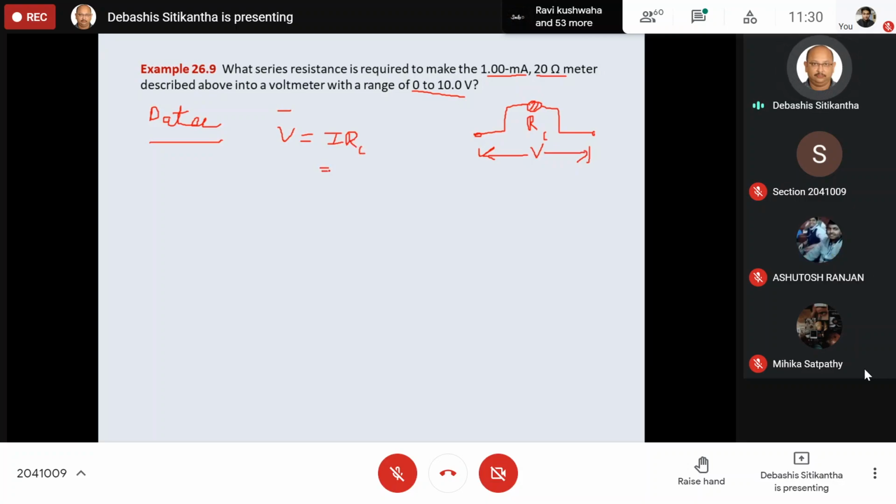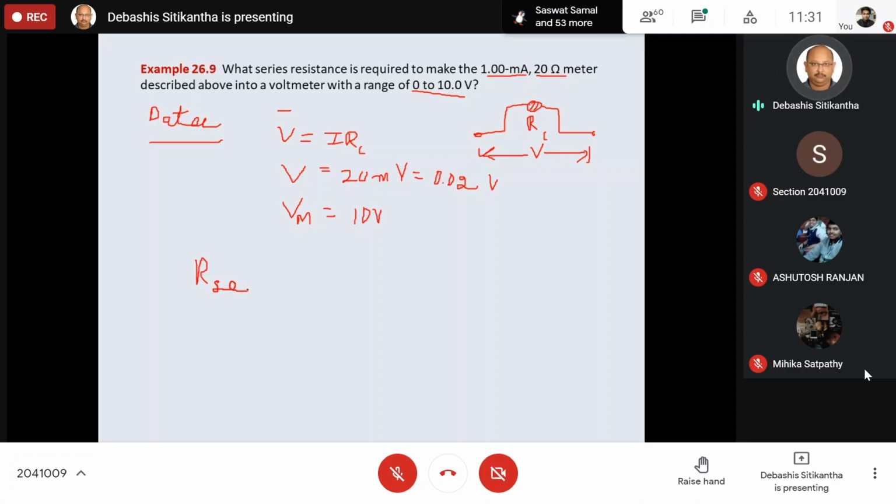I is 1 milliamp, RC is 20 ohms, so ultimately it's 20 millivolt. So this is your original V. You want to extend it, so Vm is equal to 10 volt. V is equal to 0.02 volt.